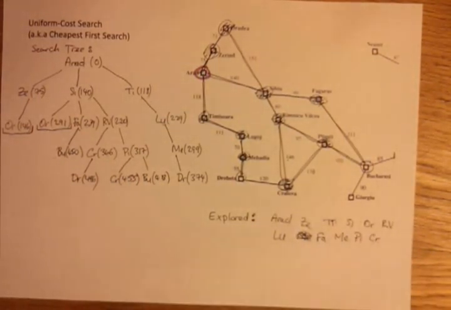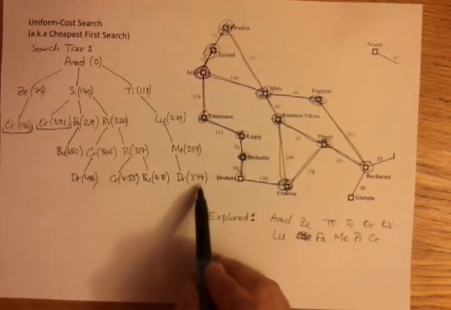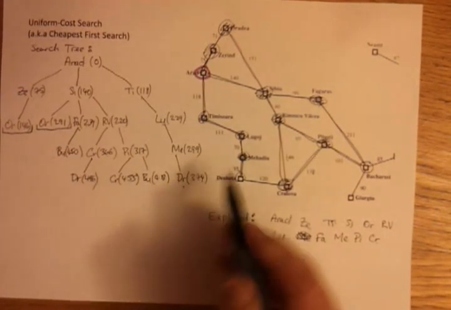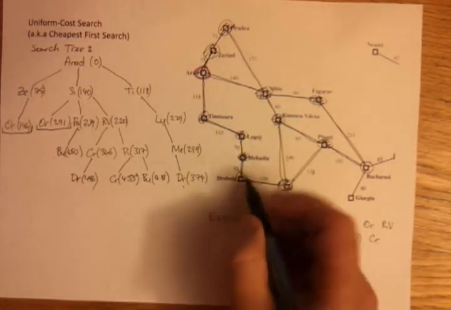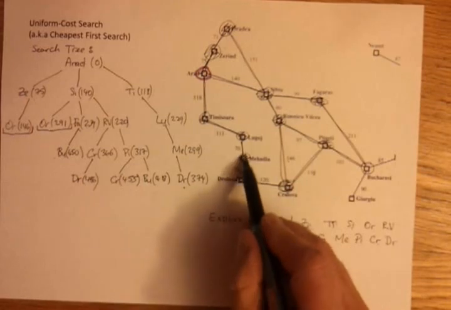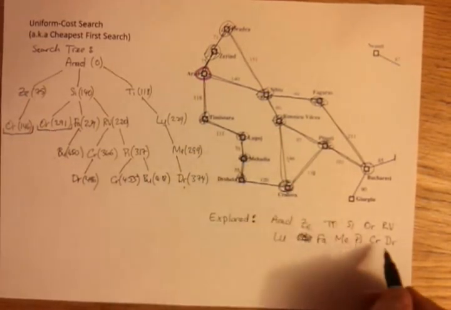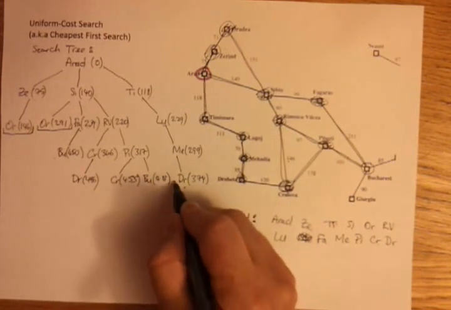That's CR expanded. Again, we scan our priority list. There's DR. So now we're going to expand DR, but we see that its next nodes are already explored, so that's a dead end.